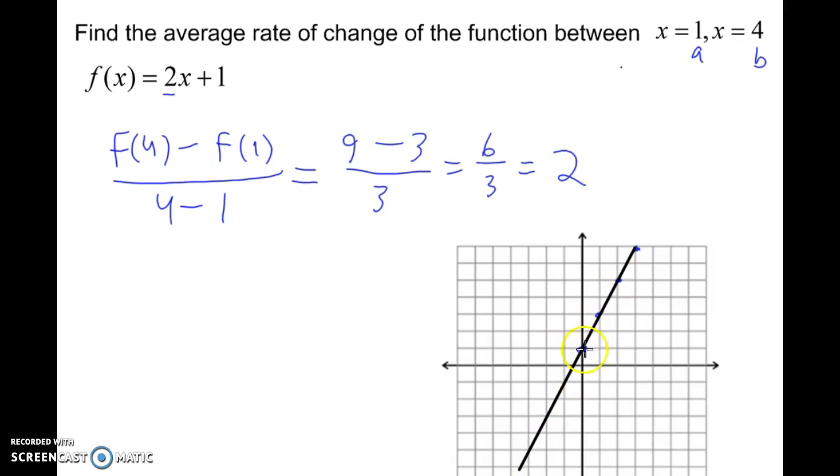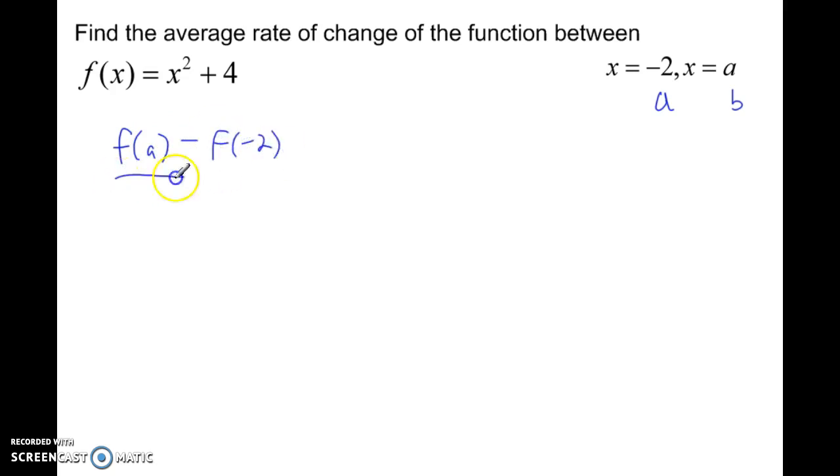So it doesn't matter which interval I pick. In this case, I picked from 1 to 4. The slope is 2. If I picked negative 2 to 1, the slope would be 2. The slope of everything on that line is the same since it's linear, so that'd be kind of a silly one. I can almost just go, oh, the slope is 2. Usually we're taking graphs that have some curve to them and finding the average rate of change, but we could do a linear graph and it still works.